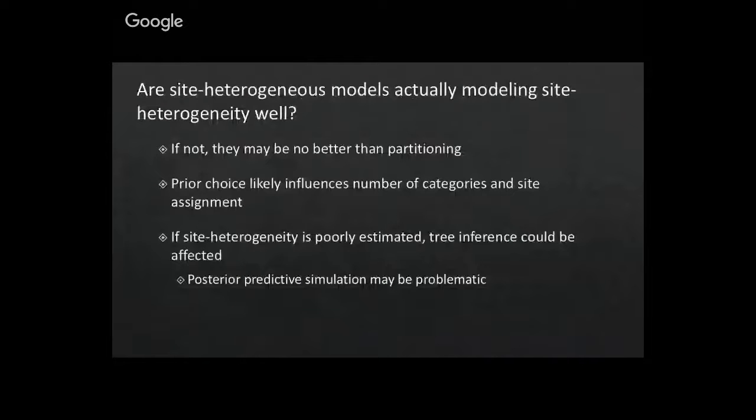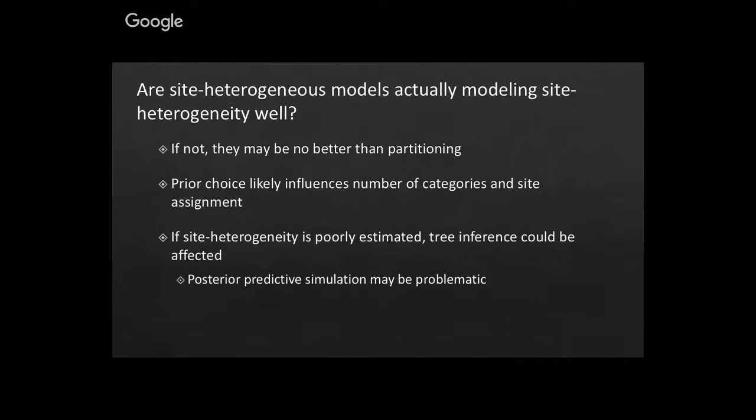And I think this gets back to the question of, even though these models are site heterogeneous, are they actually capturing heterogeneity well? It doesn't look like, at least with the data sets that we analyzed, that they are. And so in that case, they may be no better than partitioning at capturing the real amount of heterogeneity in a data set.